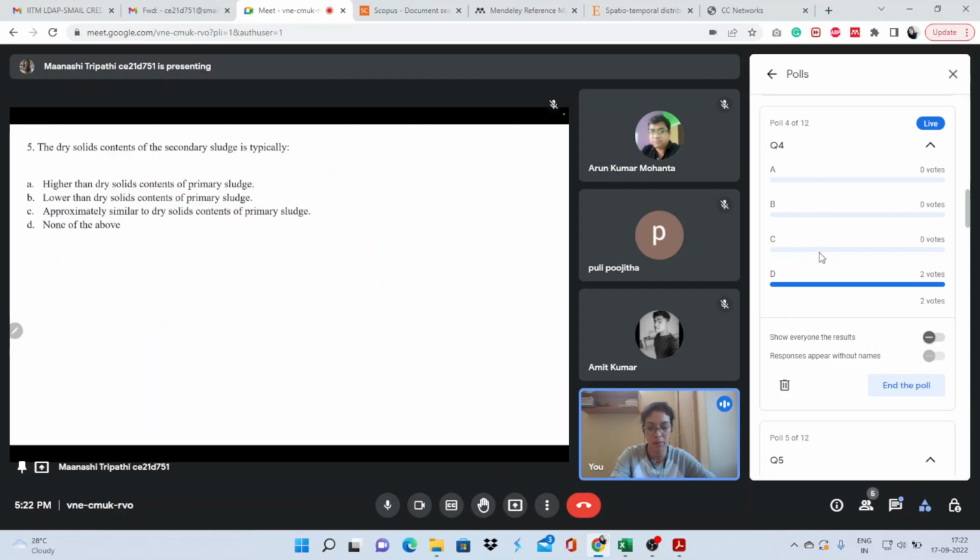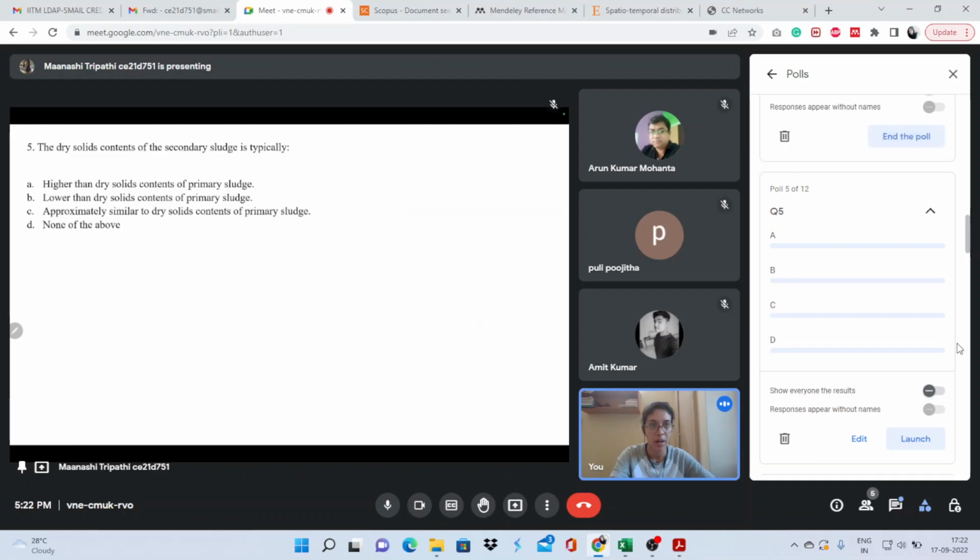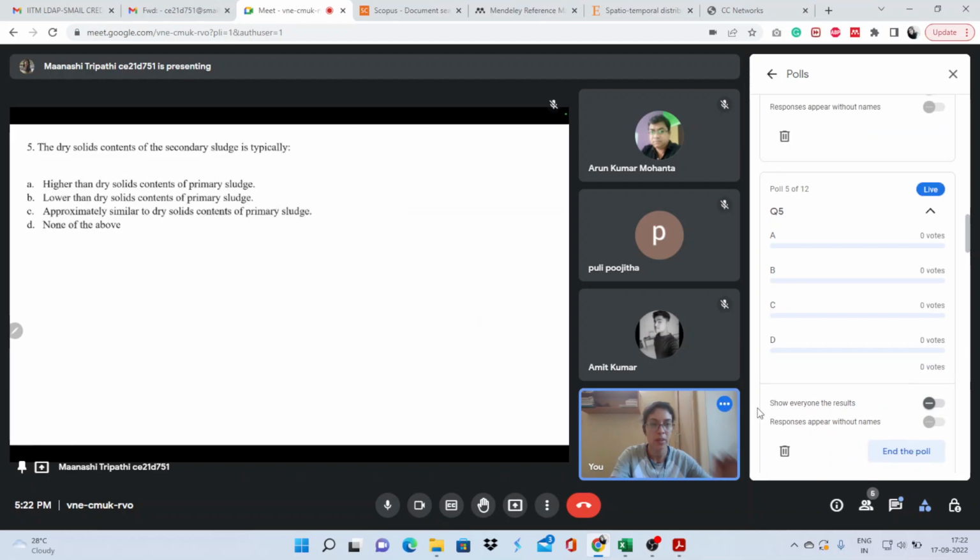This is question number 5 and I'll launch a poll for it. These are the polls for question number 5. The dry solid content of a secondary sludge is typically higher than dry solids of primary, lower than dry solids of primary, or similar, or none of the above.